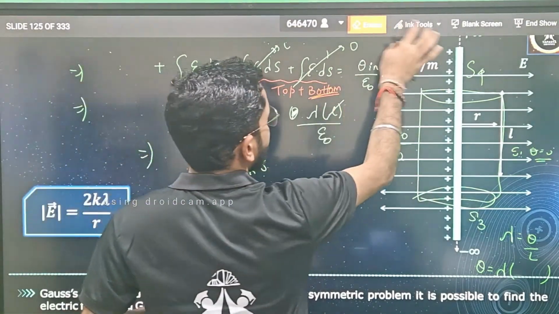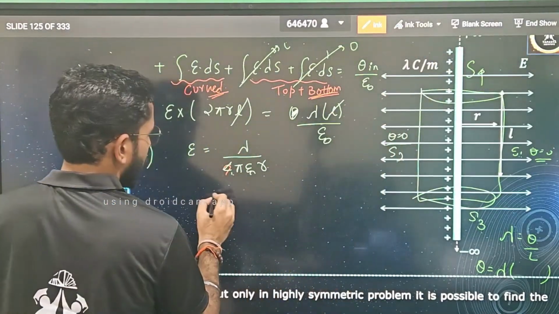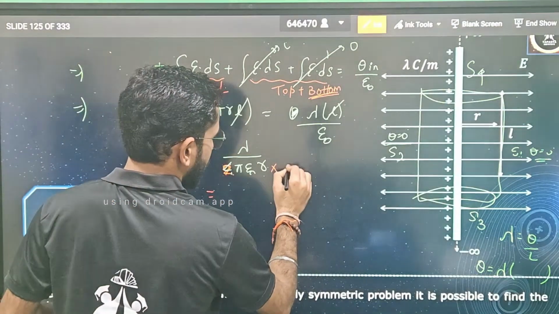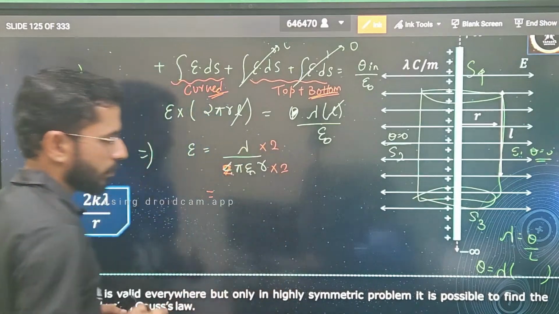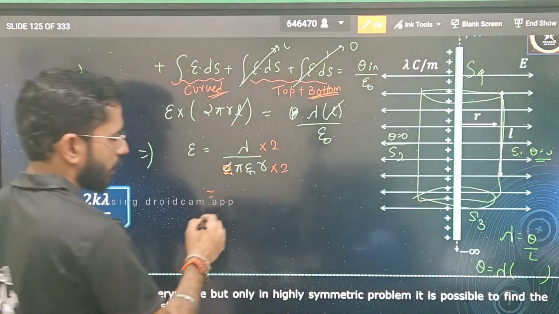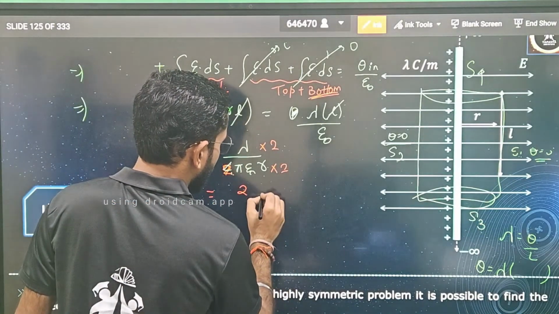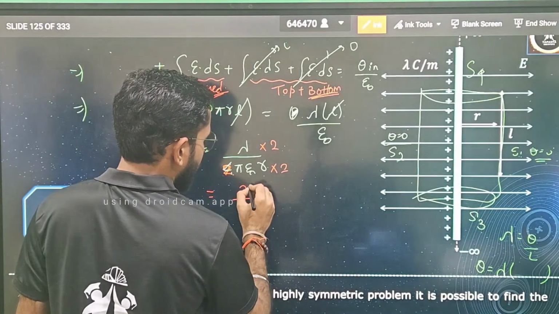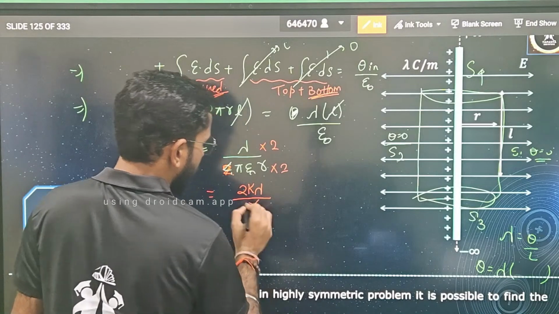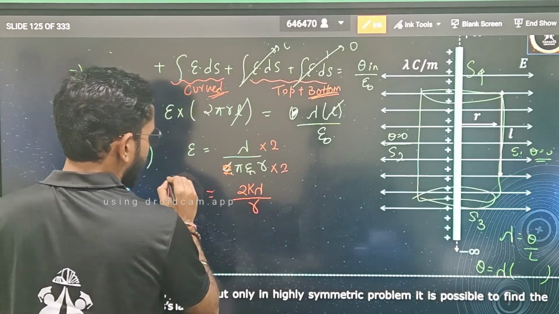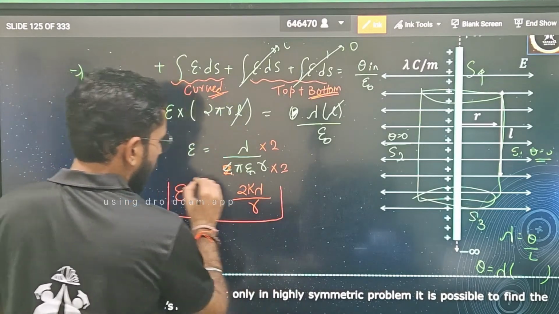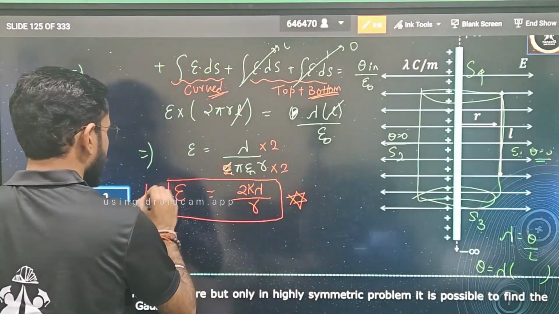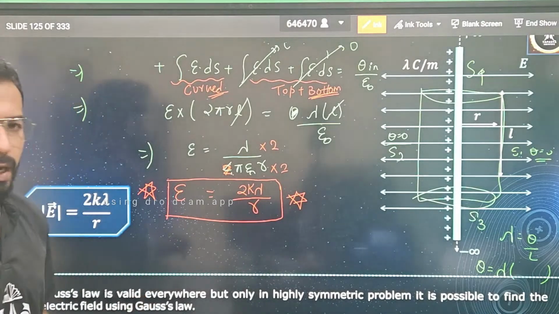Here 2 pi epsilon naught is there, multiplied by 2 and divided by 2, and what will be left is 2 lambda divided by 4 pi epsilon naught. 4 pi epsilon naught is nothing but k, so you can write 2k lambda by r will be left, and that is the electric field due to an infinite wire. You have to remember this result, this is a very, very important result, 2k lambda by r.